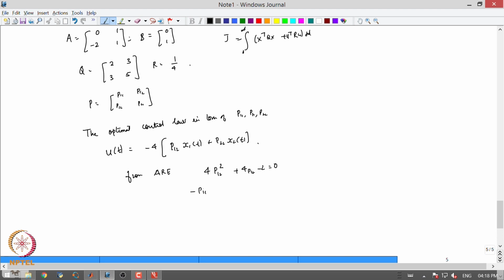I have minus P11 minus P12 plus twice P22 plus 4 P12 P22 minus 3 equal to 0, and lastly I have minus twice P12 minus twice P22 plus 4 P22 square minus 5 equal to 0.